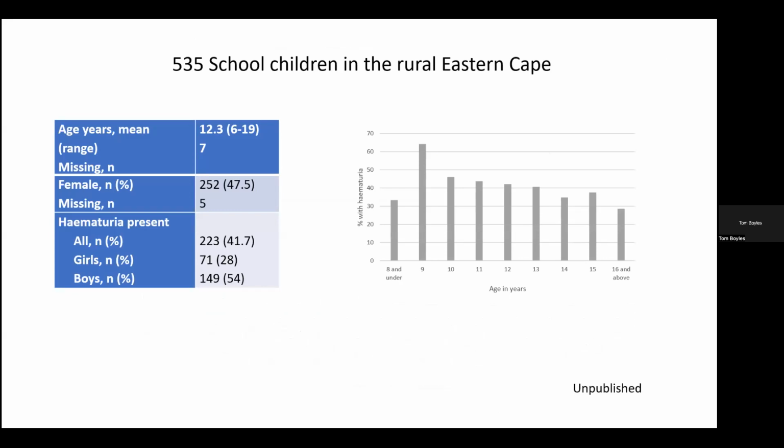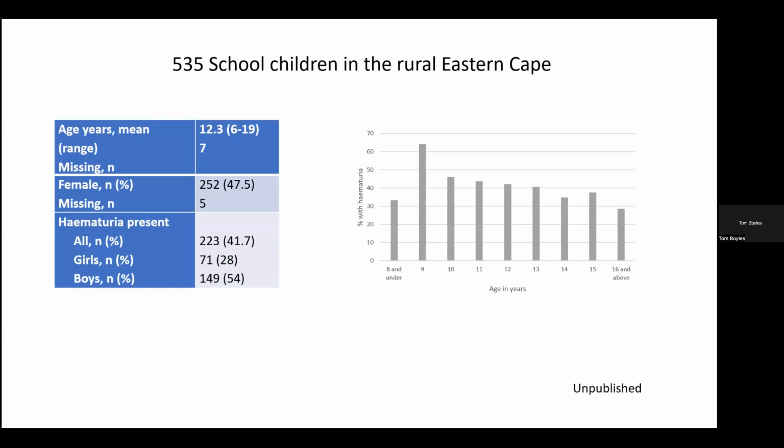So I'm just going to present one study that I did with some colleagues about a year ago in the deep rural Eastern Cape, an area actually quite near the coast, such that much of the swimming that I witnessed, including my own children, was in saltwater. And you did actually get the feeling doing this that the kids that live very close to the sea and to the saltwater estuaries were less likely to be infected, though we were never able to do any geomapping or anything.